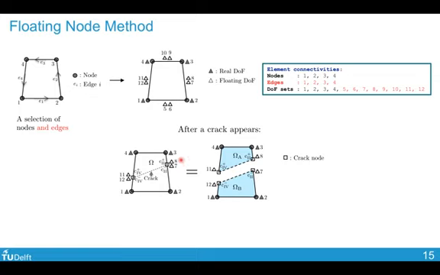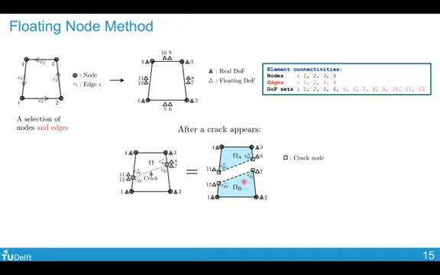Now you have the degree of freedoms already allocated to these edges. You can use these degree of freedoms to represent the displacements of these crack nodes. Hence, you could directly form the 2 sub-elements, and note that they are standard fully integrated sub-elements.